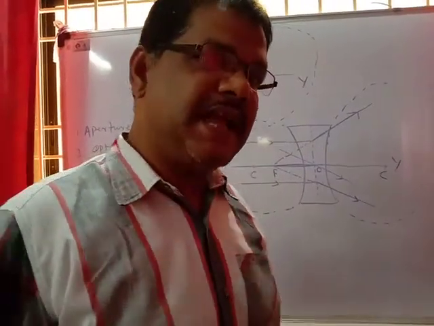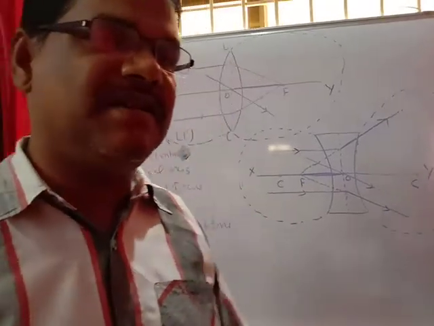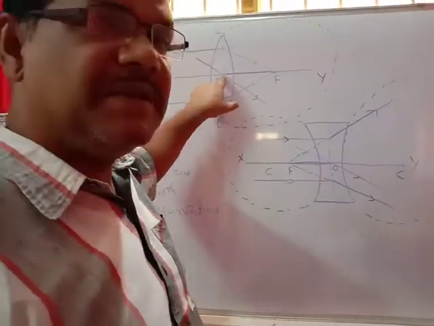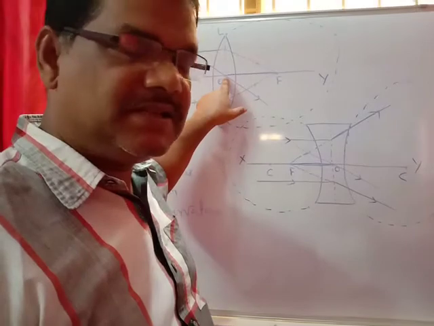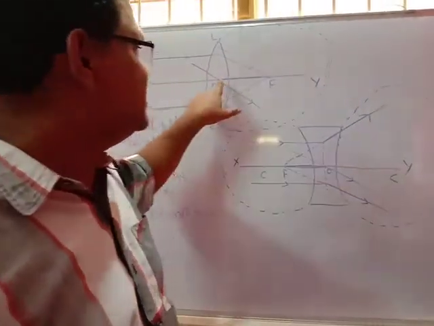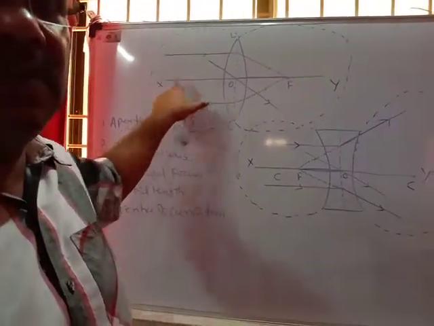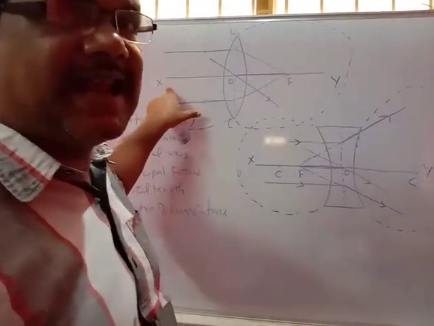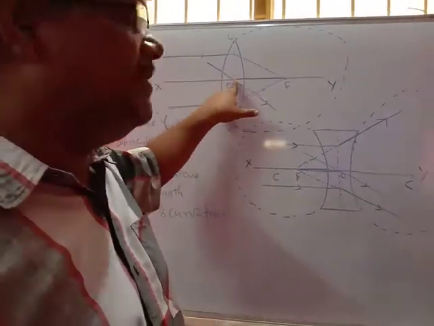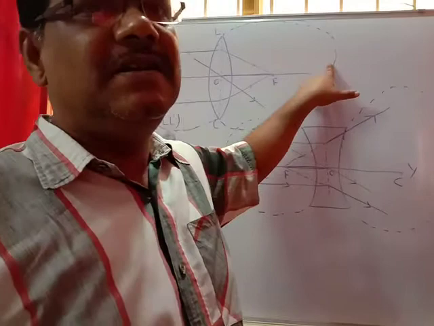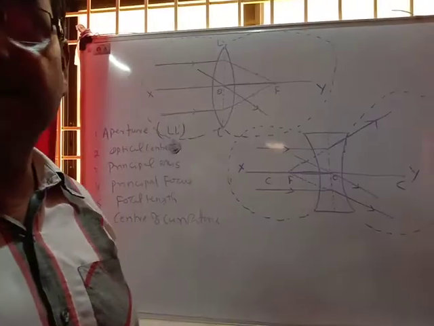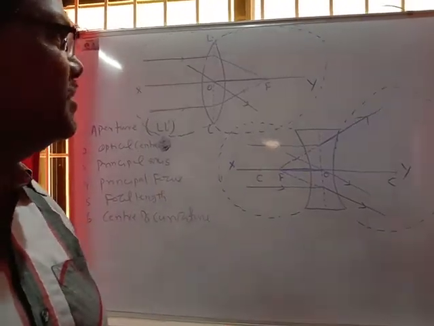And we have the sign convention, in the same manner. All the measurements are taken from the optical center O, and any measurement towards the left of the optical center, towards the left of the lens, is taken as negative, and any measurement towards the right of the optical center or the lens is taken positive.